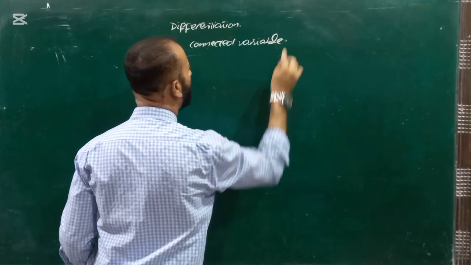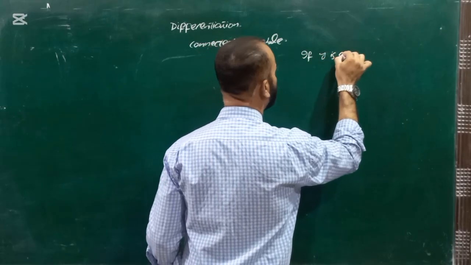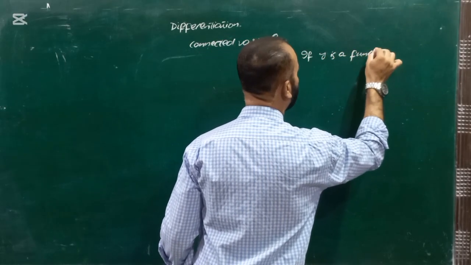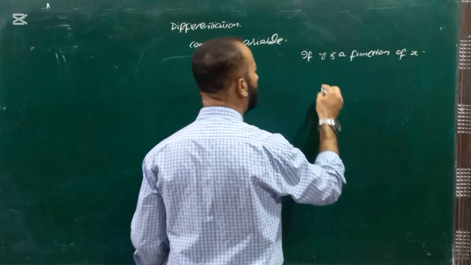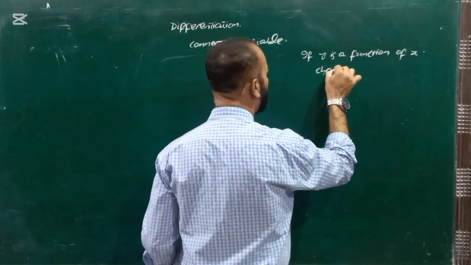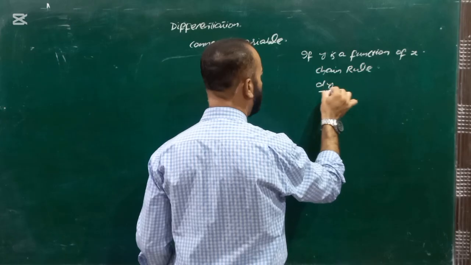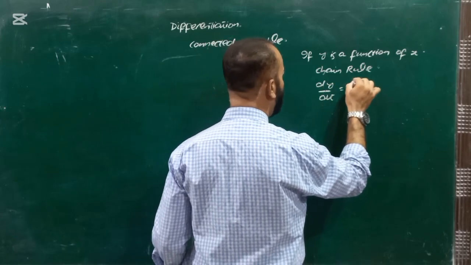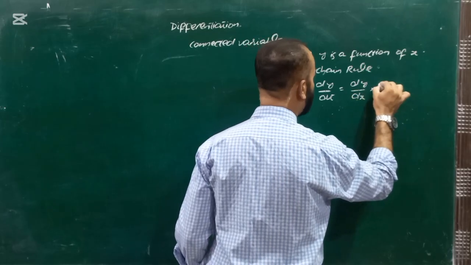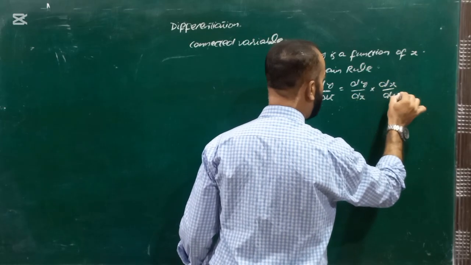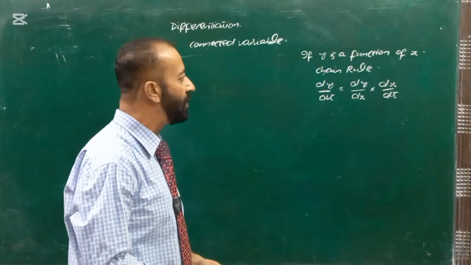If y is a function of x, then chain rule is dy by dt is equal to dy by dx into dx over dt. So this chain rule will be used. This is the concept which you have to understand and learn first before doing the question.